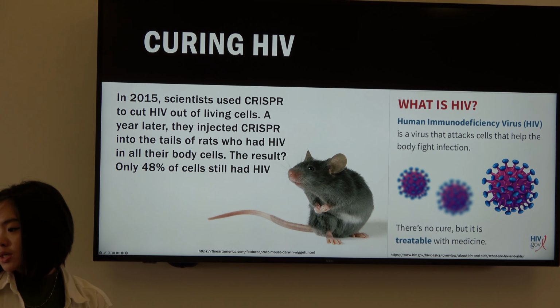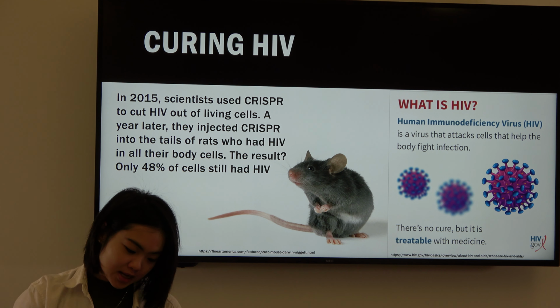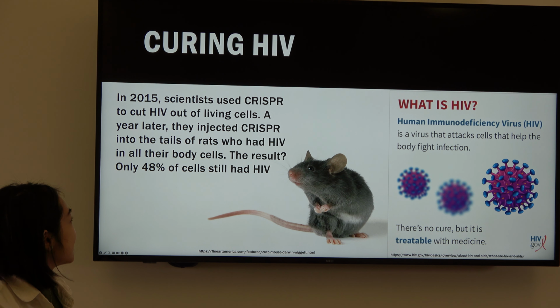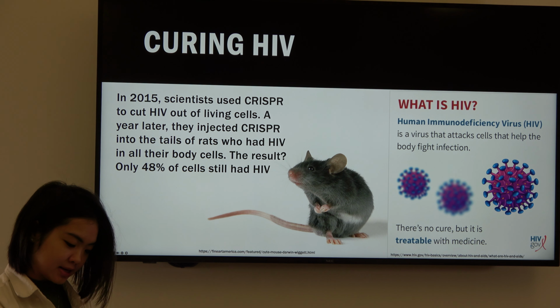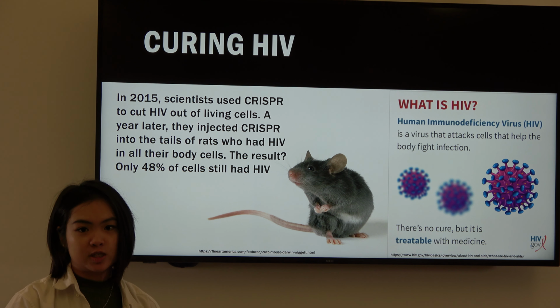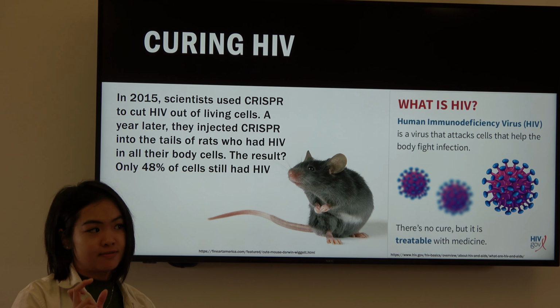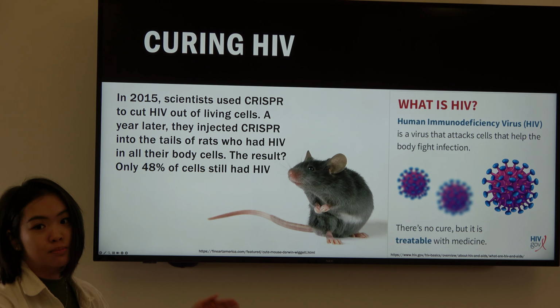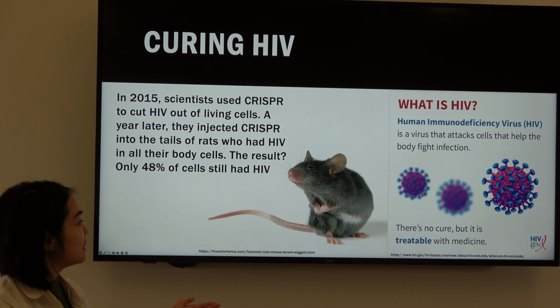And how does that work? Well, HIV is a retrovirus and it hides inside your DNA. So by modifying CRISPR with those snippets of the HIV virus, our immune cells can find these HIV viruses more effectively and eliminate them.